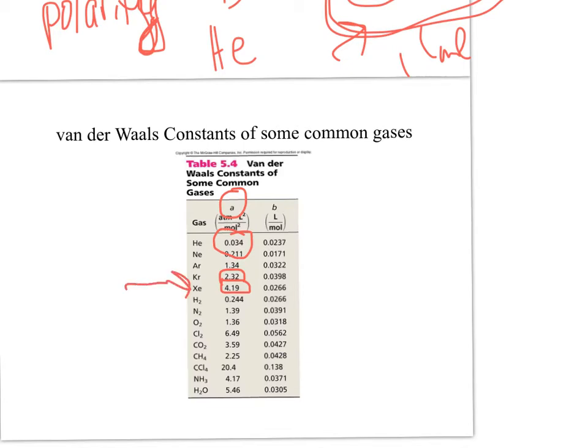And so therefore they have large volumes and are more polarizable, and they also have generally larger B values. Well, that's interesting, why the B value here is kind of larger for helium. That's interesting. But generally, you would expect these values to go up. I'm pretty sure that this might be a typo. This isn't mine. This is a purchased PowerPoint.